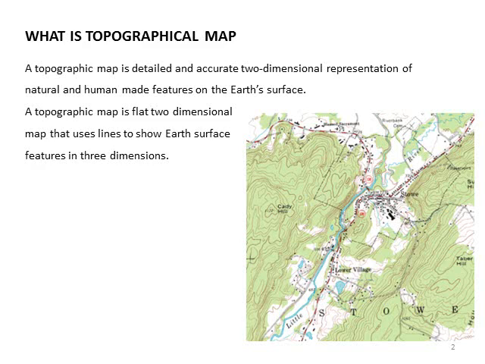In a simple way, a topographic map is a flat two-dimensional map that uses lines to show the earth's surface features in three dimensions. That is, on a two-dimensional sheet of paper, we can see the drawing of the three-dimensional topography of the earth's surface.